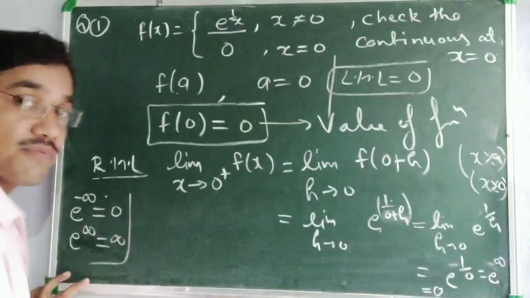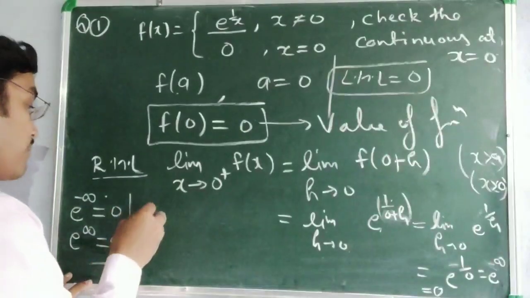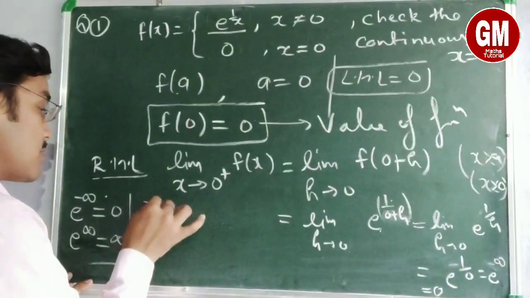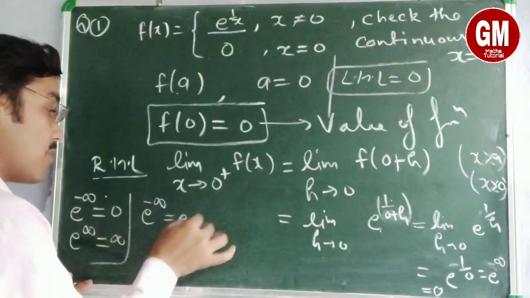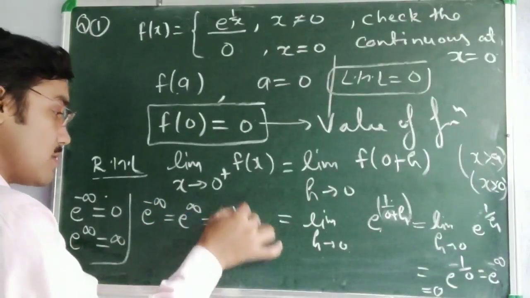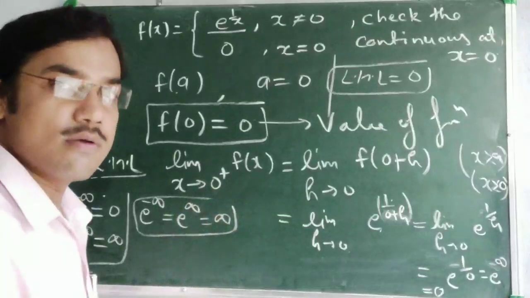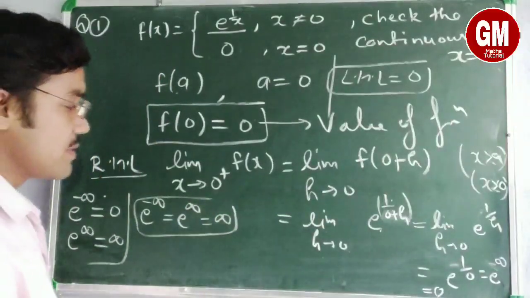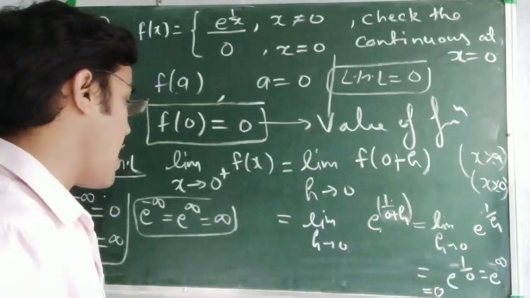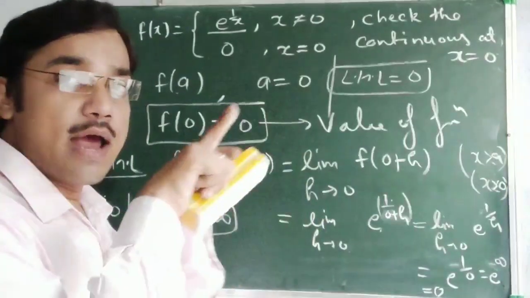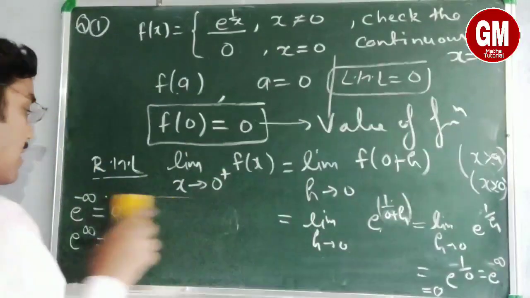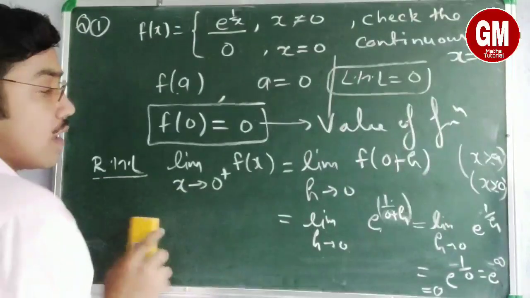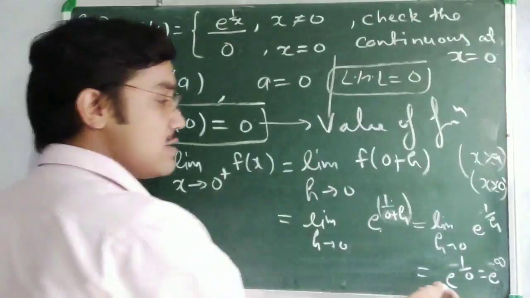But in case of complex analysis, e to the power infinity is always infinite, because by the Weierstrass law of complex analysis, all the infinities come in at the pole. By this law we can say that. Now look at here, what is the right hand limit?